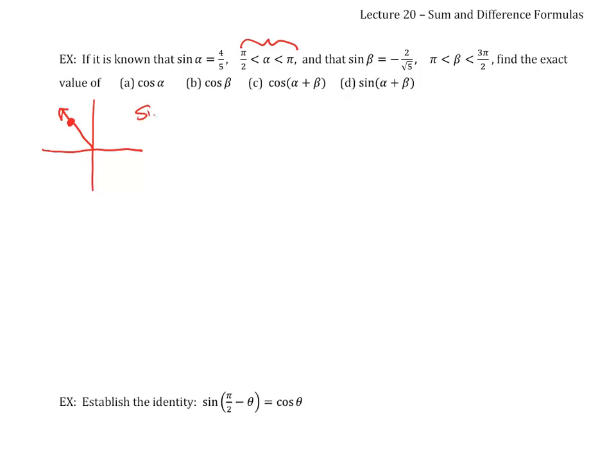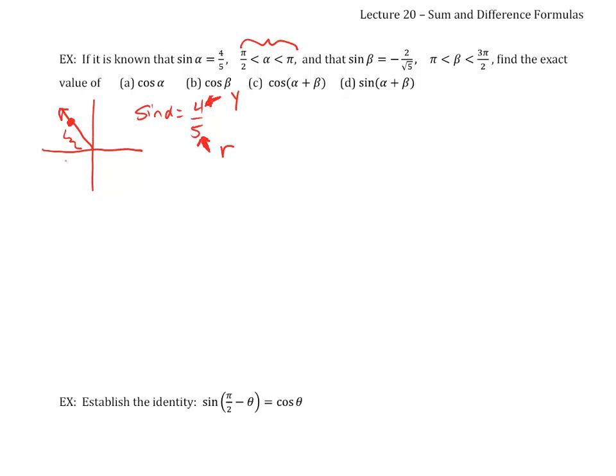And since sine of alpha is equal to 4/5, and we know from the theorem about the relationship of the definitions to non-unit circles, we can call the top value y, the bottom value r, and then solve for what the x-coordinate of that point would be.